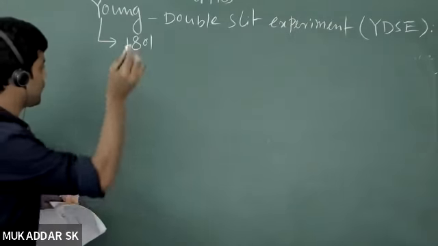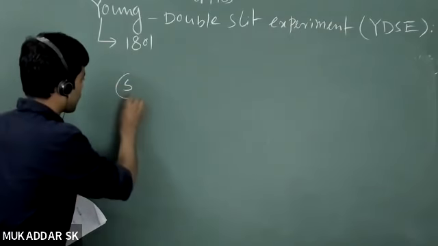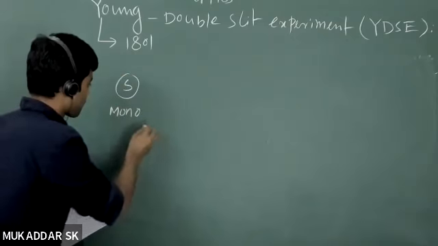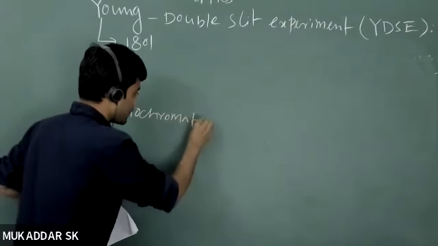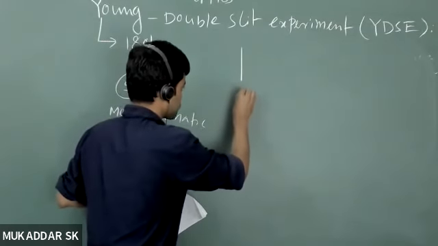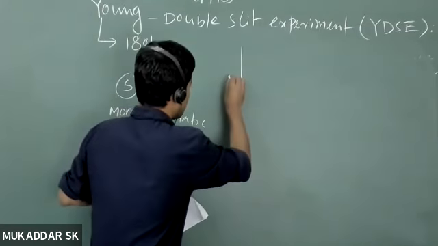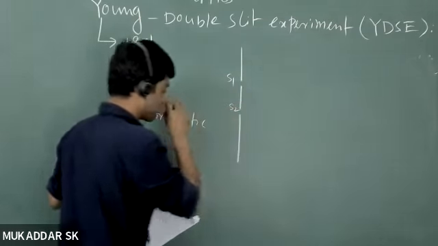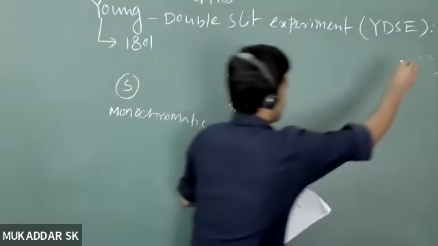In this experiment, they used a monochromatic source, and you have two slits, S1 and S2, and a screen.